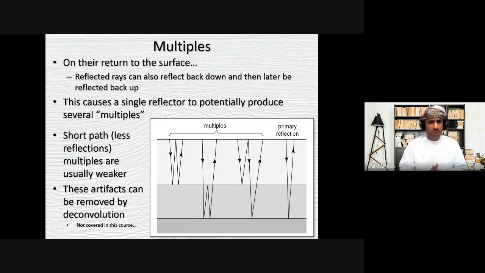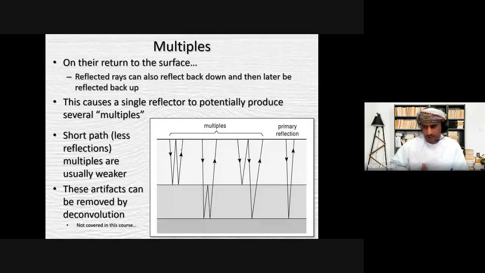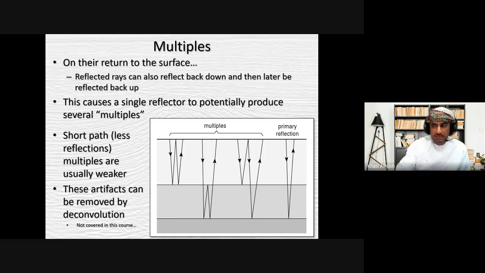Another thing we talked about earlier in our subject, I think during the introduction, is that there might be some multiples. So this is a multiple. Maybe your source is here, and your receiver is here.